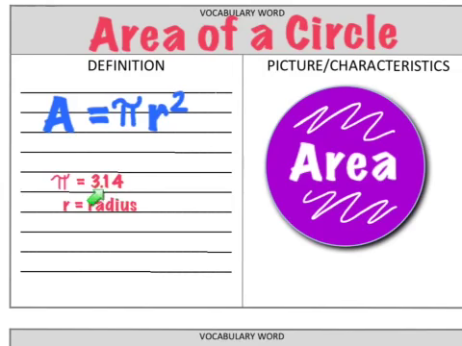When we see pi, we're going to replace it with 3.14. The R is your radius, and then we have to square it. So you square your radius and then multiply it by pi. So remember, the radius is from the center to the outside of your circle. It's just a matter of finding the radius and plugging it in, multiplying it. It'll be pretty easy, you'll see. Let's try some practice problems.